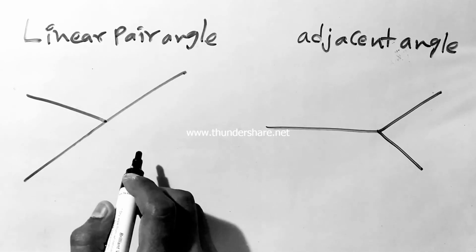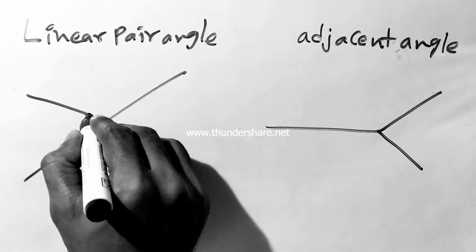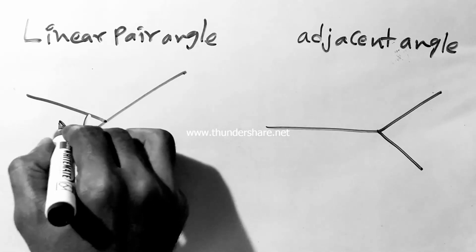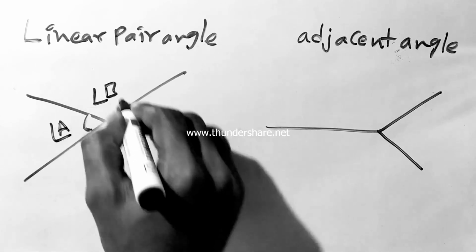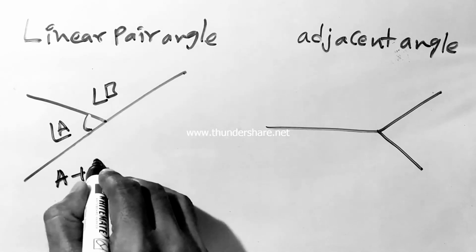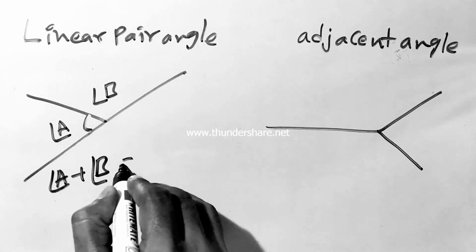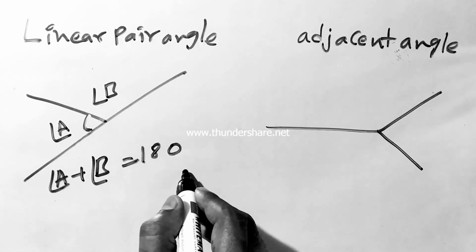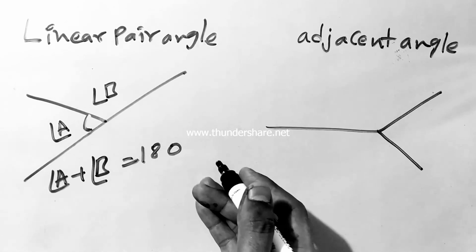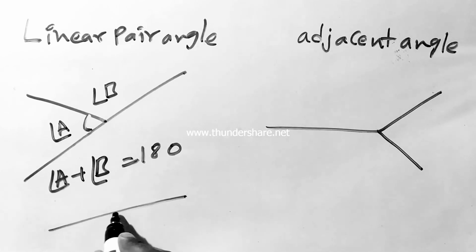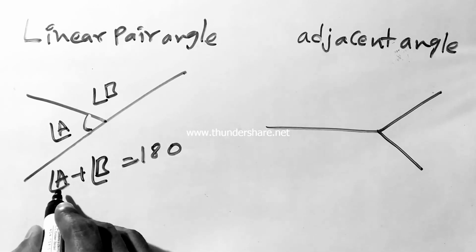Here, for a linear pair, let us consider angle A and angle B. So angle A plus angle B should be equal to 180. A straight line always makes 180 degrees. So A plus B should be 180.